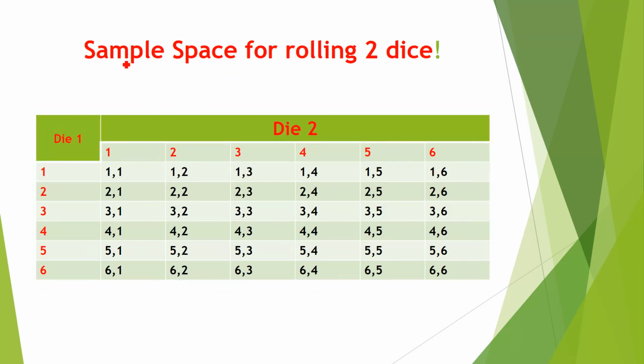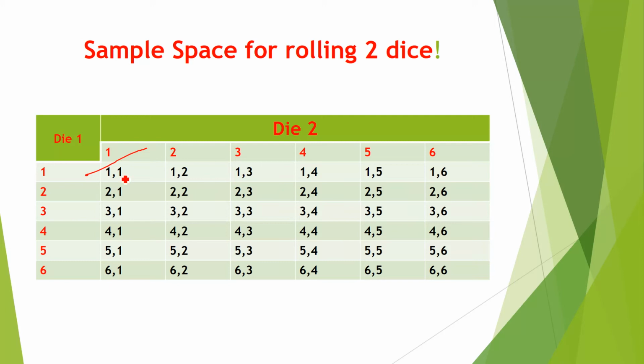Here I have made another example, the sample space for rolling two dice. Suppose we are rolling two dice together. This is die 1, and you know a die has 6 sides, 1 2 3 4 5 6, and here also 6 numbers. I will show you how I made this table. When we roll two dice together, maybe 1 and 1 will come.